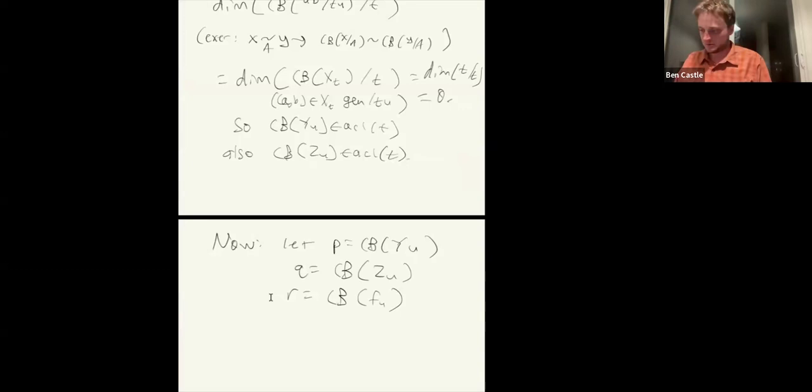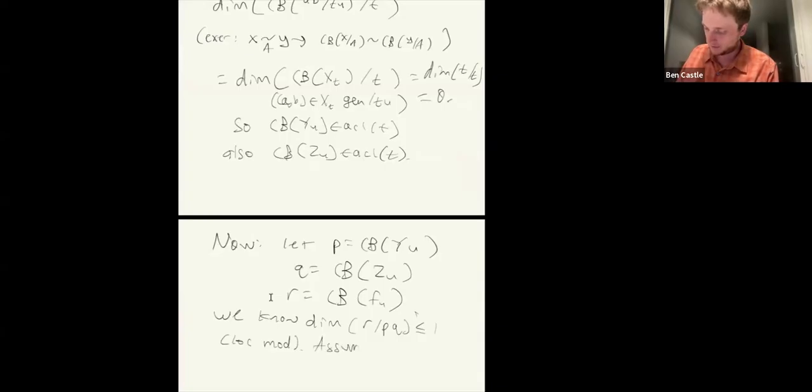Right. So we know that dimension of R over PQ is at most 1. This is what we said before by local modularity. And we want to know it's exactly 1. So toward the contrary, assume that it's 0.